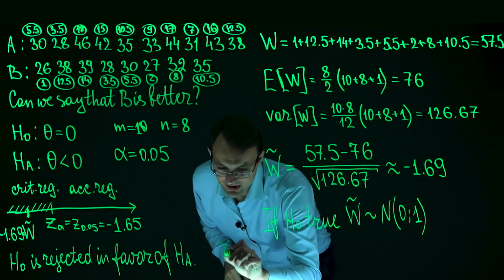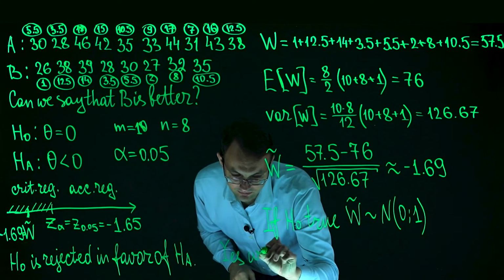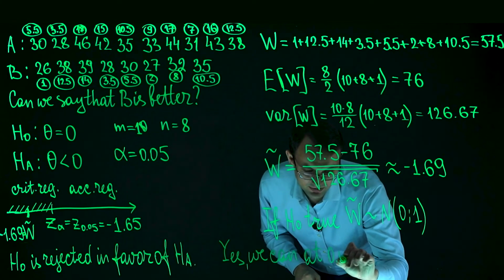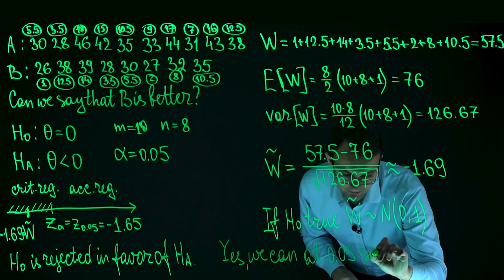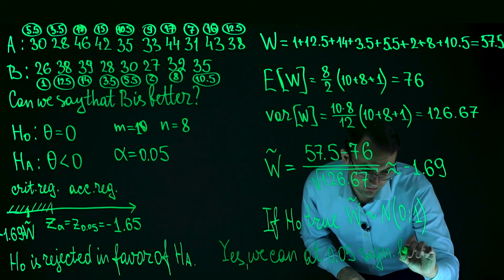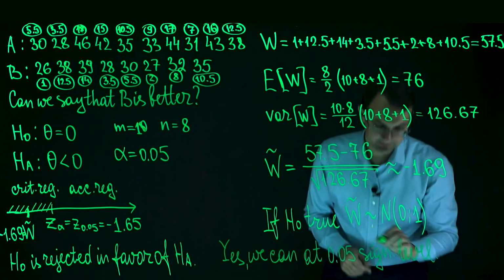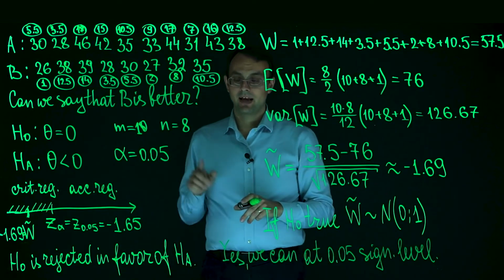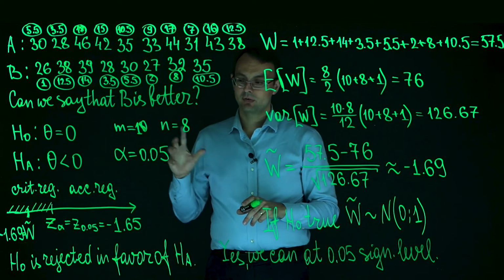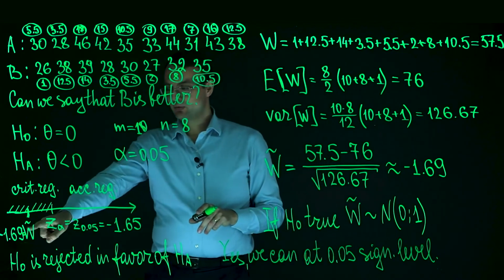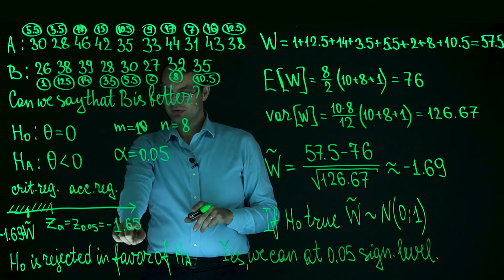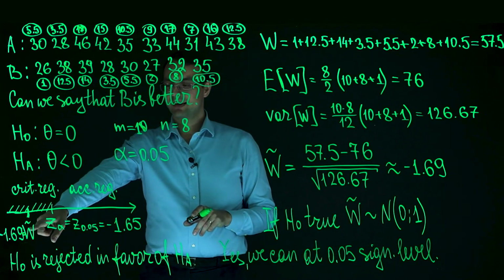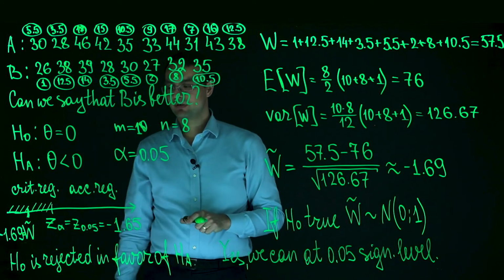Or better to say, yes, we can at 0.05 significance level. One more thing I should say here: what does it mean when our test statistic is very close to the border between the critical and acceptance region? We see that the difference is only 0.04.